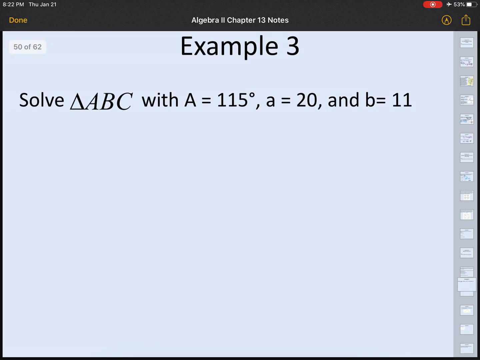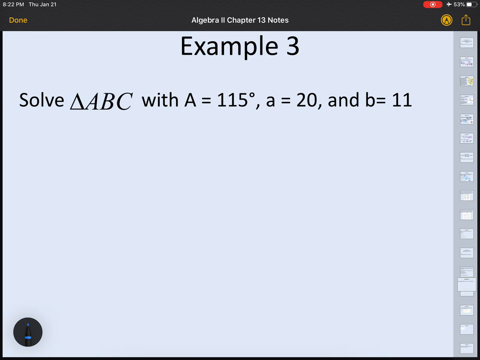So in example 3, we have to solve yet again another triangle that we don't have the picture of, so we're going to have to sketch it out. With angle A being 115 degrees, little side length a being 20, and side length b being 11. Okay, so let's think about this. We're given an angle and two sides here.